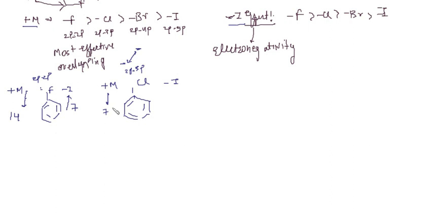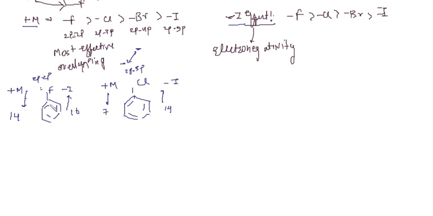And we know that for minus I there is not much gap. Let's say minus I effect is 16. Plus M effect has reduced to half because there is a very big energy gap, but minus I effect will not reduce too much. So let's say the magnitude is 14.